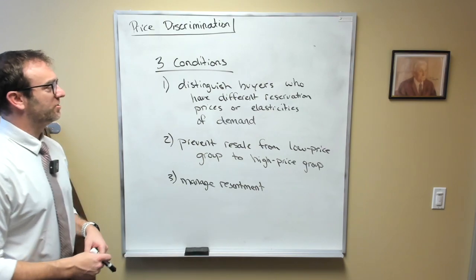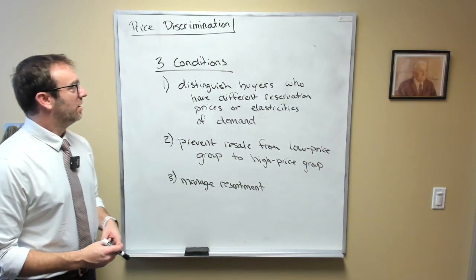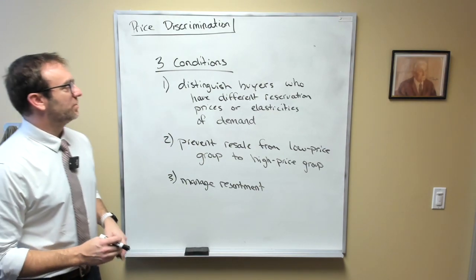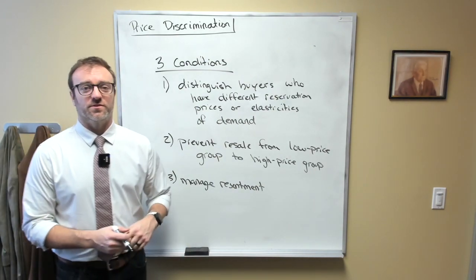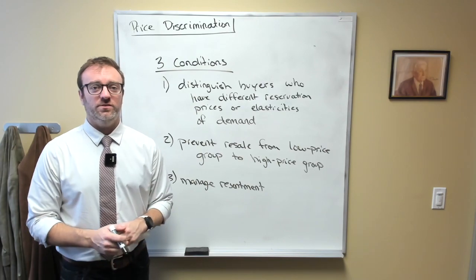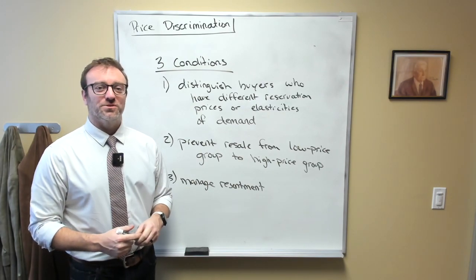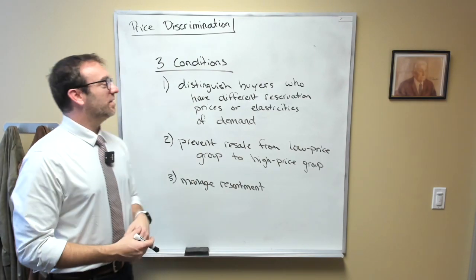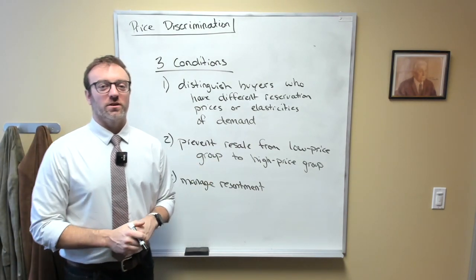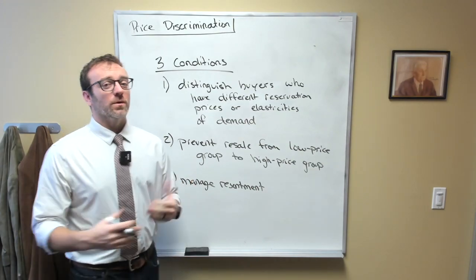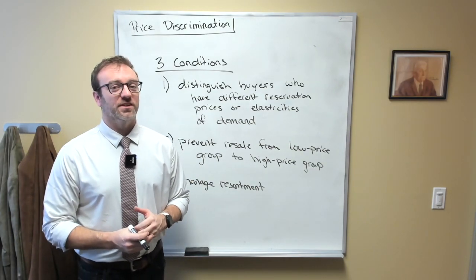So let's think about education discounts real quickly. Can we distinguish buyers who have different reservation prices or elasticities of demand? Yes, very easily. We simply ask you to show your student ID. And in that way, you prove that you are a college student. And by virtue of you being a college student, we know that you are likely to be much more price sensitive.